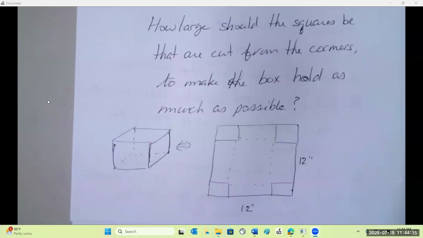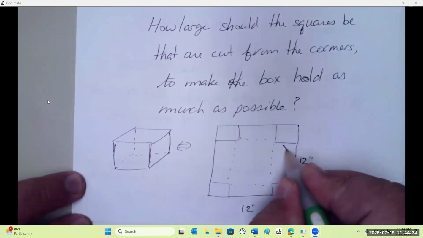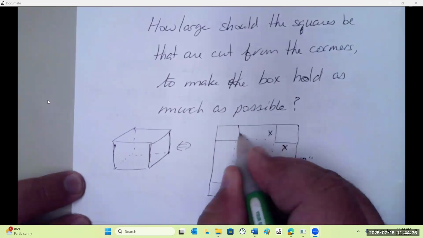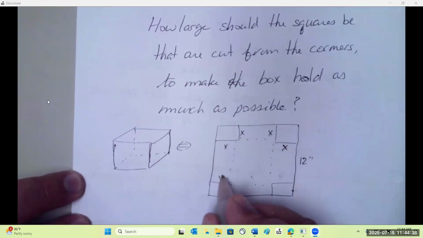So is this an optimization problem? If so, what's the optimization? Right. We're looking for the greatest volume of this box. So what we're looking for is how big should these cuts be on each of these corners?